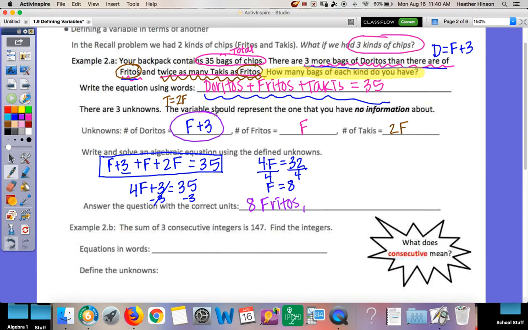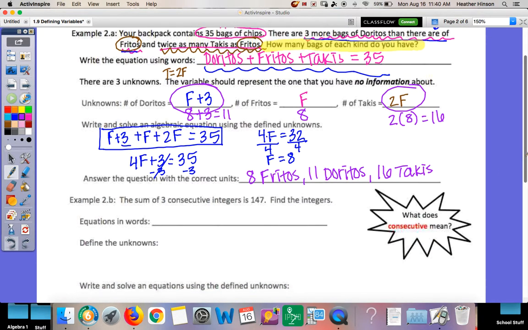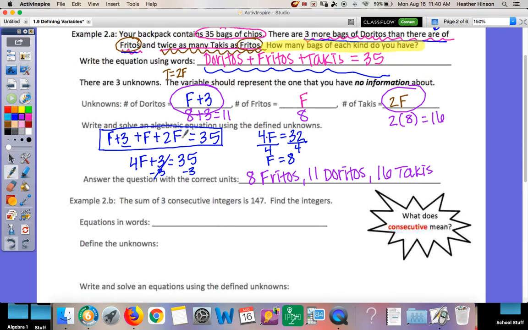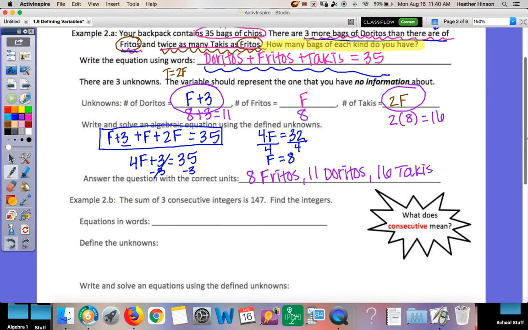And that's where these little equations come in handy. 8 plus 3 is my Doritos, so that gives me 11 Doritos. And then 2 times 8 gives me 16, so that is my Takis. So set up your equation with the information it gives you, and then solve it and plug it back in.